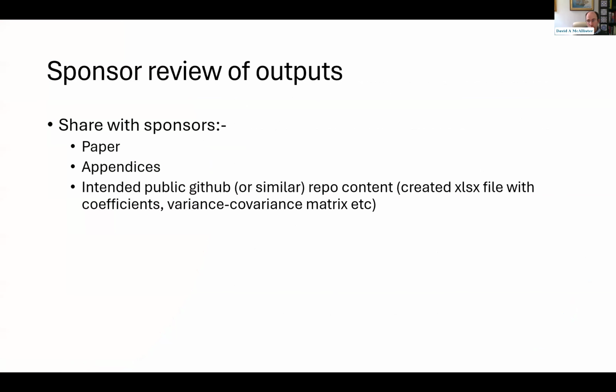Okay, and then one last thing. It goes a bit beyond the data, but it is a data sciencey, informaticsy point. You have to share your planned public outputs with sponsors. They are entitled to review it and give you comments. That means the paper and the appendices, which is straightforward enough. But really, we ought to be sharing our code and data on GitHub or similar.